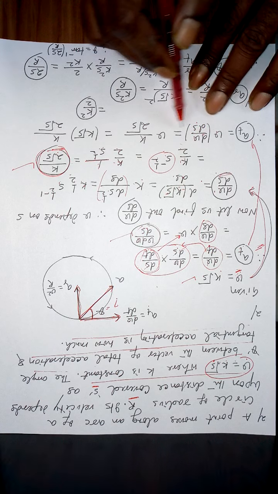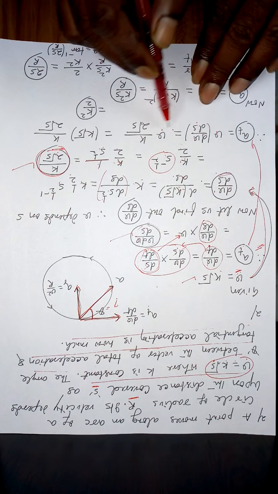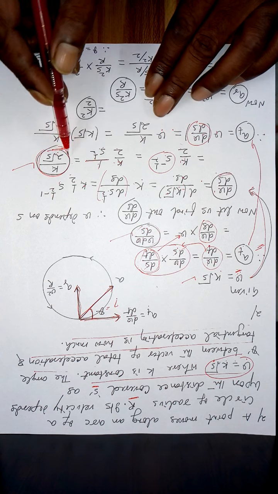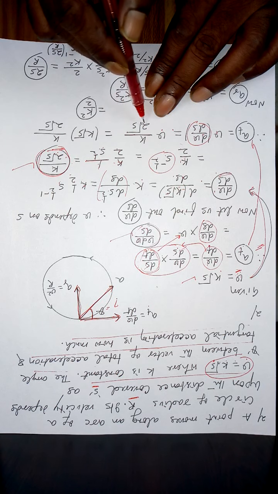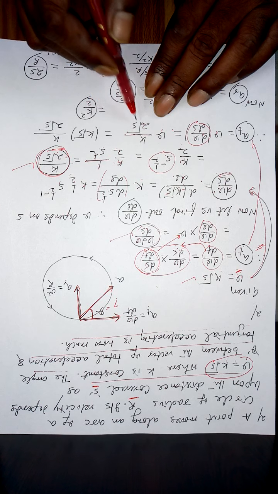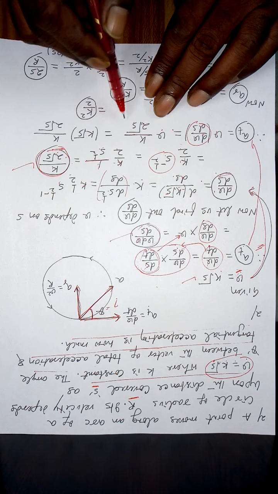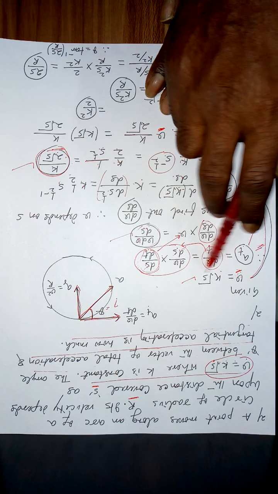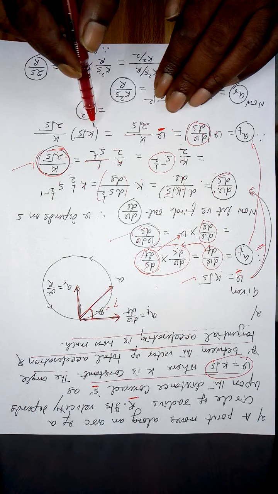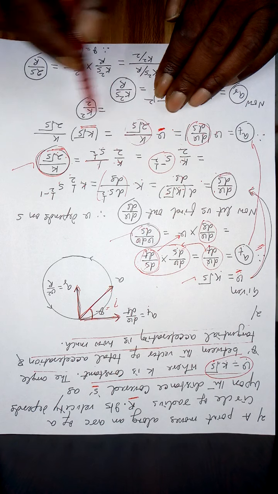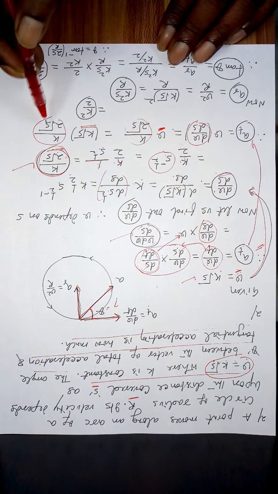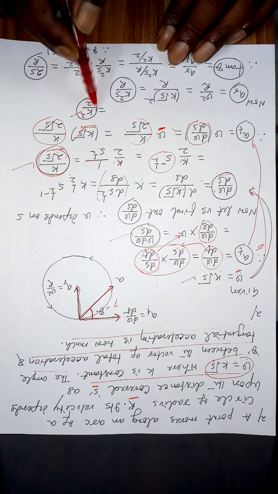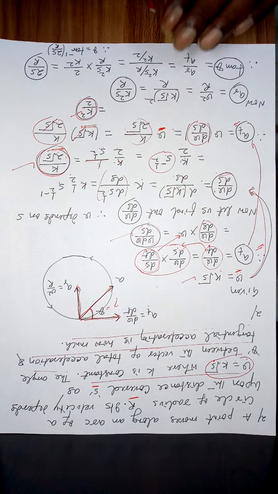V remains the same, and the value of dv by ds, which I just calculated, I put here: k over 2 square root of s. V was given as k square root of s, so for v I put k square root of s. Now square root of s cancels, and k into k, k squared over 2, is your tangential acceleration.